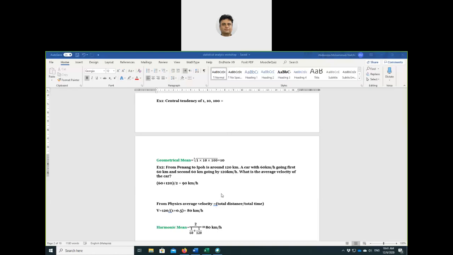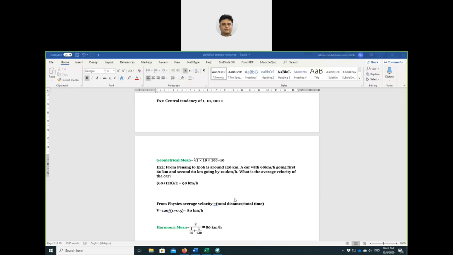Commonly in social science and economics, it's very popular to use the rate of inflation, the rate of population growth, the rate of death, everything based on year or month. For this reason, if they take the harmonic mean, then the mean will be lower.